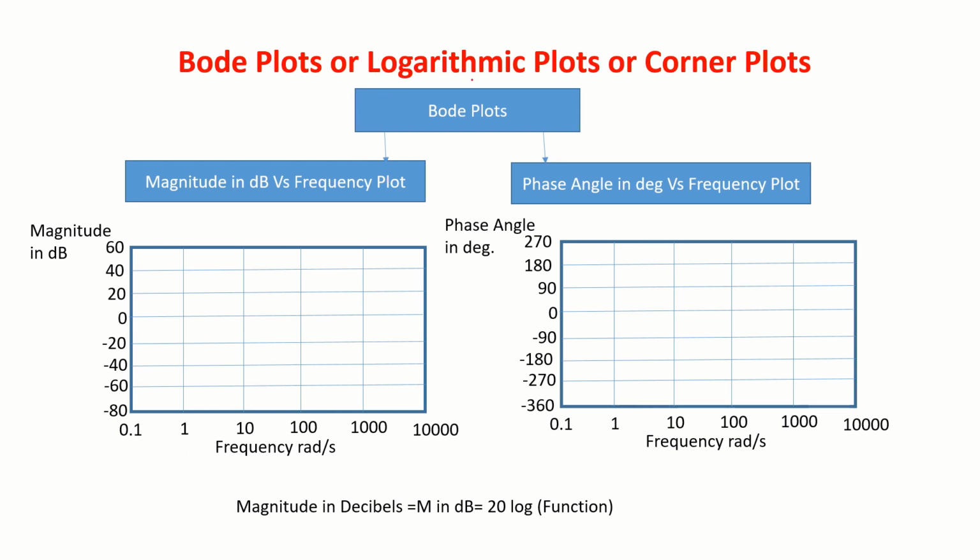So Bode plots, we also call them logarithmic plots, or corner plots. In Bode plots, there are two types. One is the magnitude in decibel versus frequency plot, and the other is the phase angle versus frequency plot.